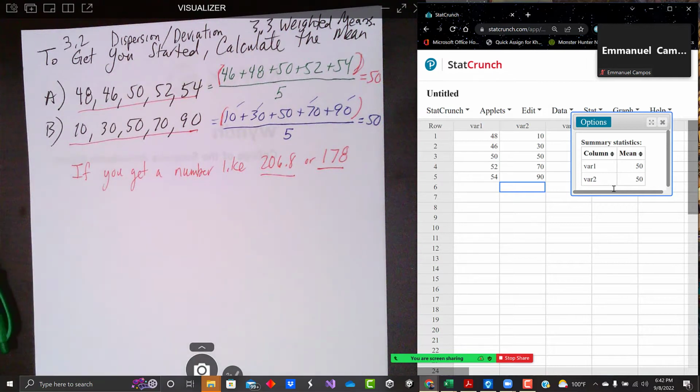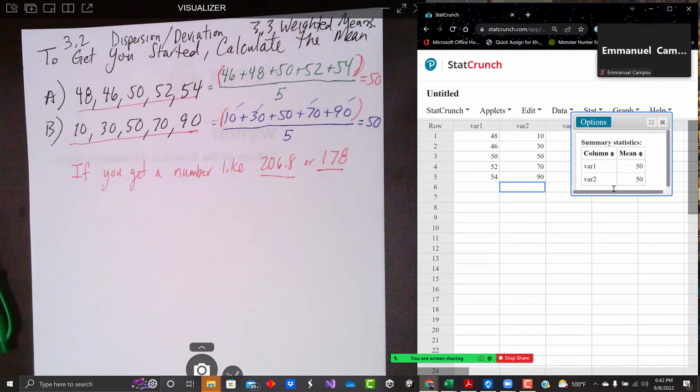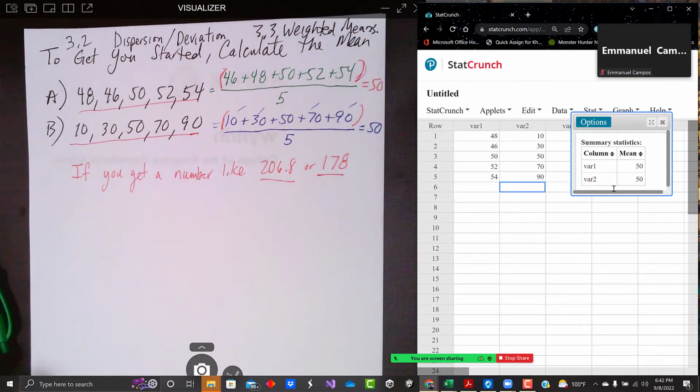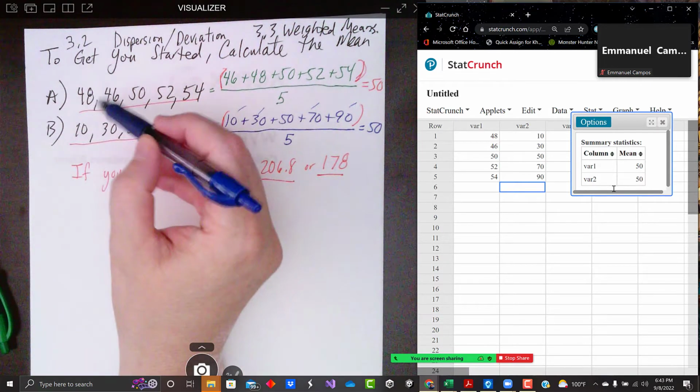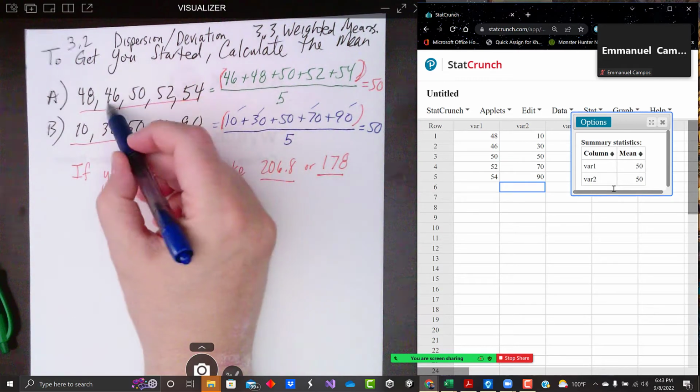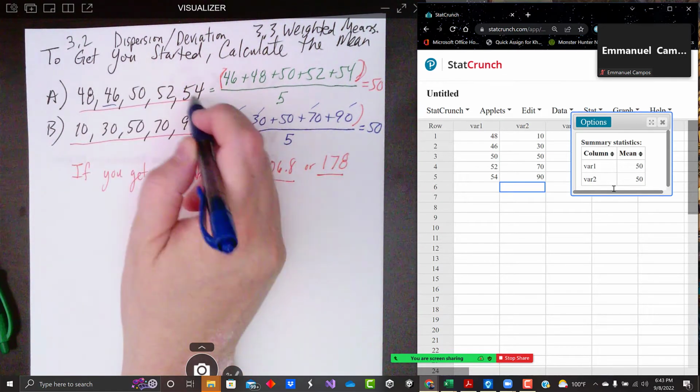Does that seem like a useful tool? If I look at these two groups, does 50 tell me really a whole lot? It tells me some. It gives me the average, but look at these values. The lowest one in A is 46, and the highest one is 54.